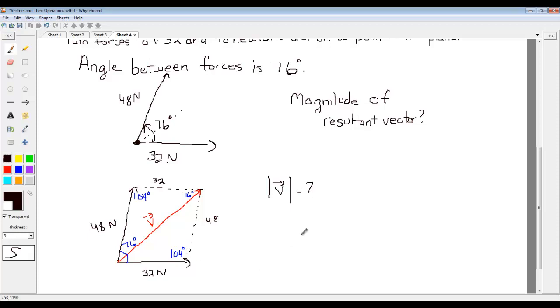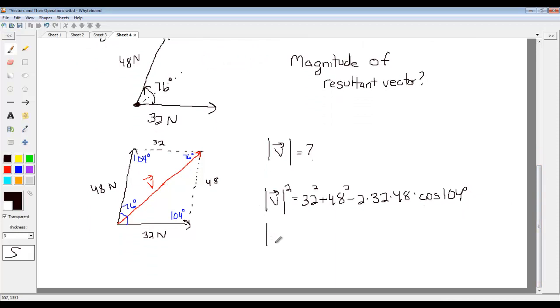The length of that vector, the magnitude squared, equals the other two sides each squared, 32 squared plus 48 squared, minus 2 times 32 times 48 times cosine of 104 degrees, the angle in between them.